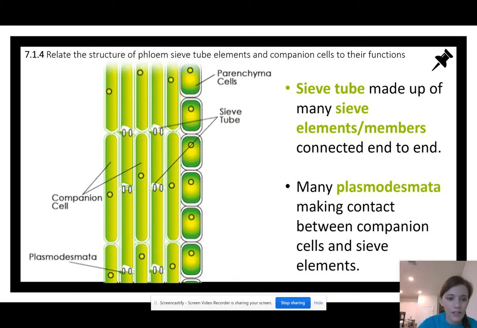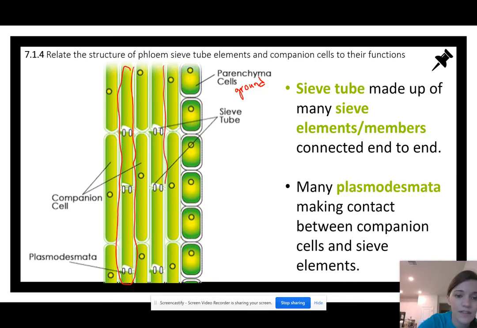Okay, so here's a picture. So we've got, okay, so this is 2 rows. Oh, so parenchyma, remember, is ground tissue. So this is showing, between the ground tissue, we've got 2 rows of sieve elements, and they're all separated by companion cells.